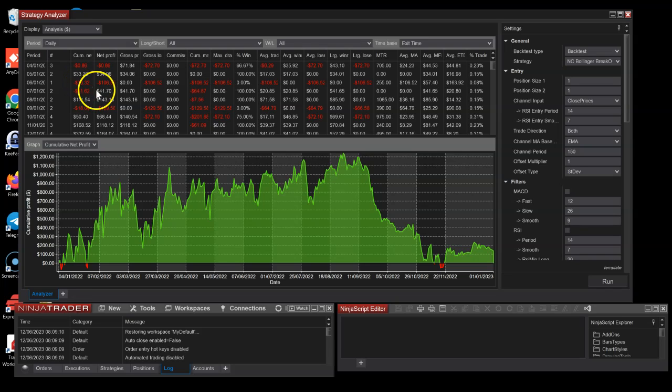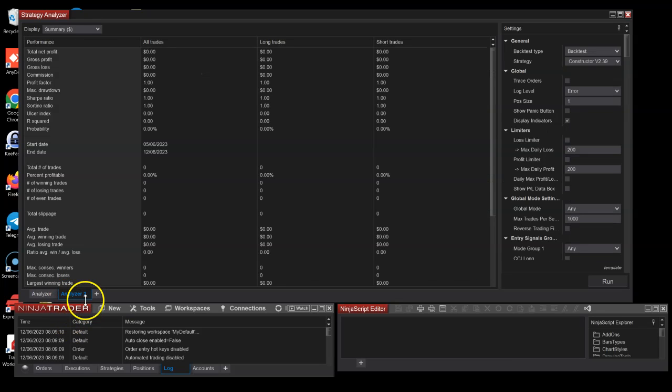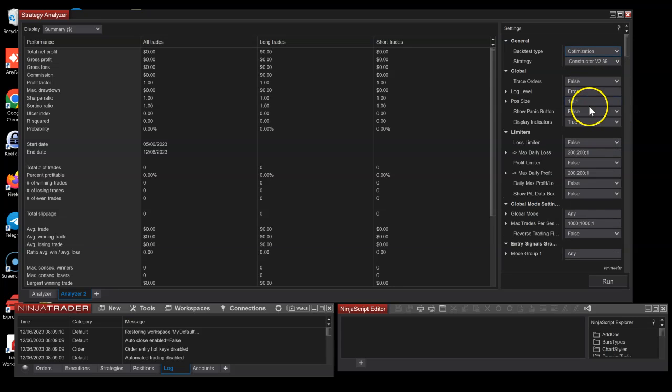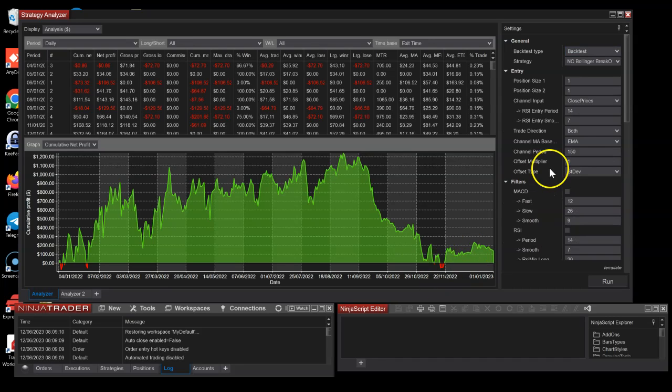So what I'm going to do is pop up a second window here, and open an optimizer. It's quite obvious that the first thing I want to optimize is the period, because that makes a dramatic change.